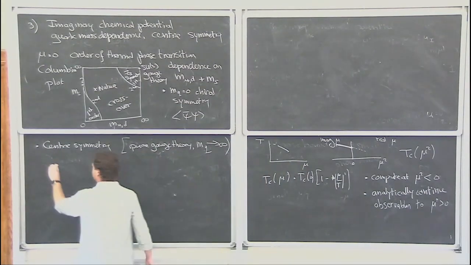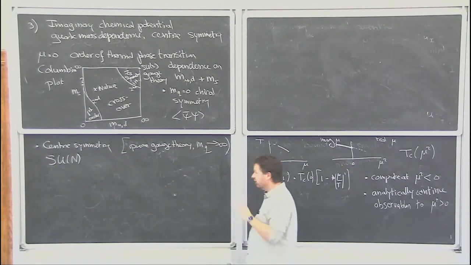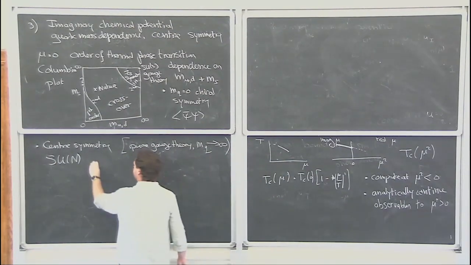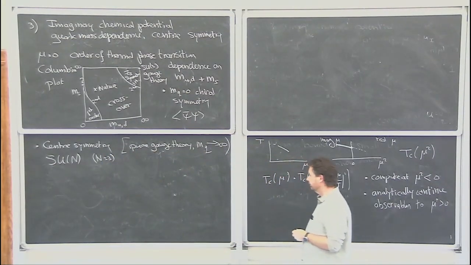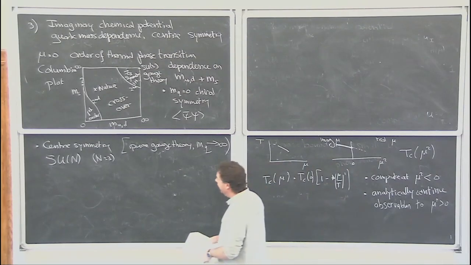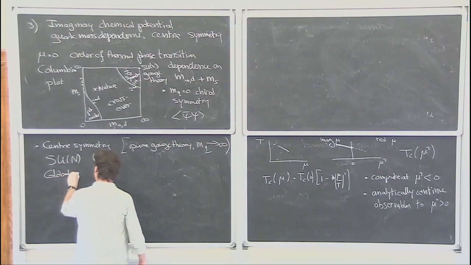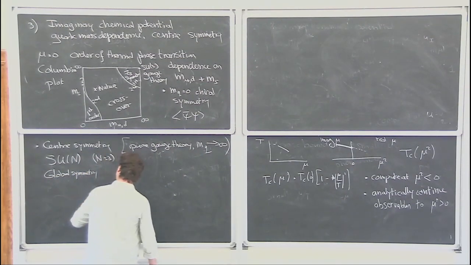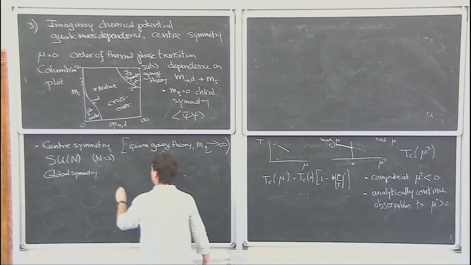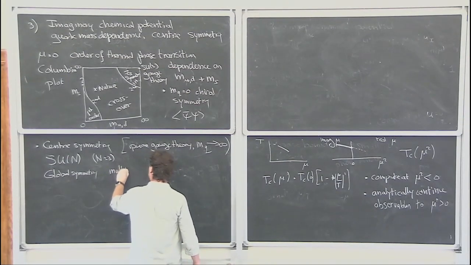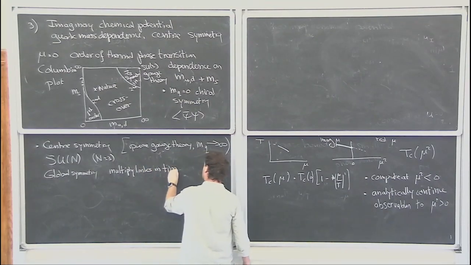For notational purposes, it is convenient to do it in SU(N) gauge theory, so I can write N explicitly in the equations, although of course N equals 3 when we apply it to QCD. So what is this center symmetry? It's a global symmetry, not a local one. So what can we do? We can multiply with a phase.